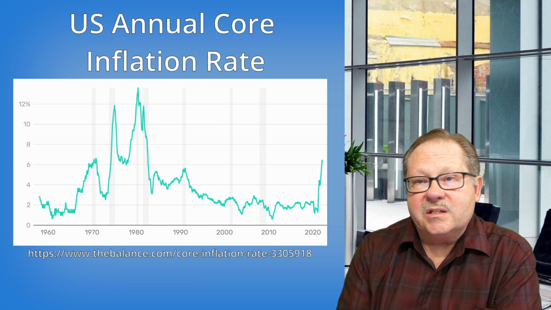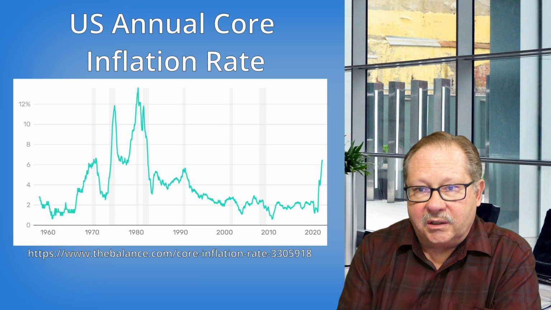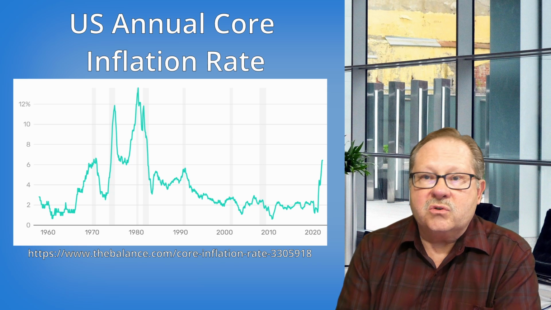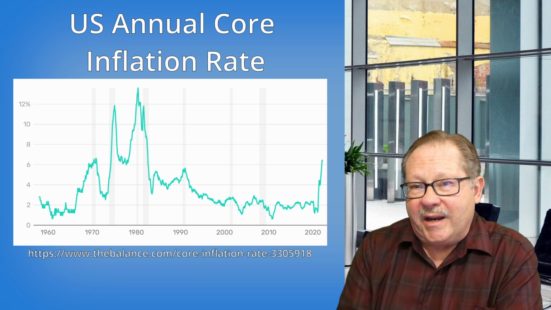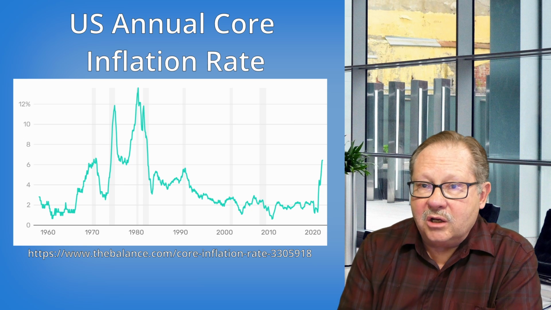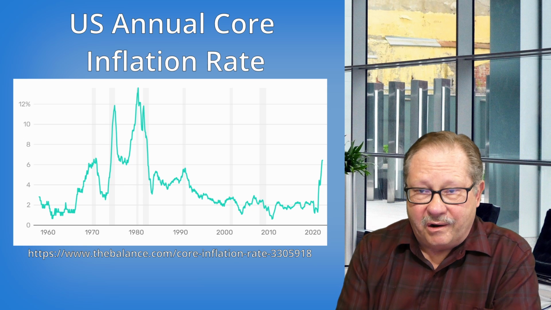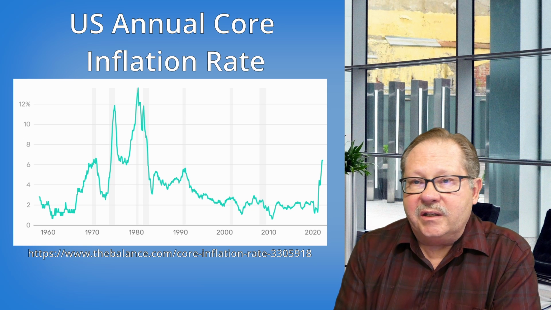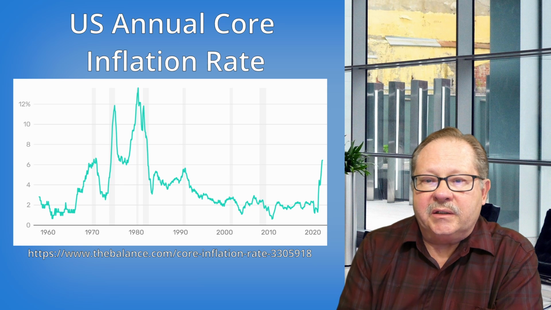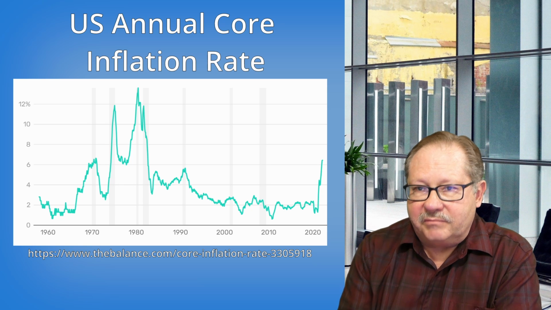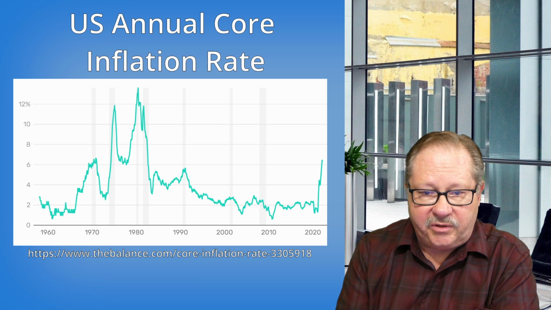The difference is the fact that energy, gas in the car, or fuel oil in your furnaces, or propane if you use propane to heat your house, that energy component, along with the food component, is hitting you pretty hard. You might feel that the inflation rate is really understated if you have to deal with a lot of commuting or a large family with a lot of mouths to feed.